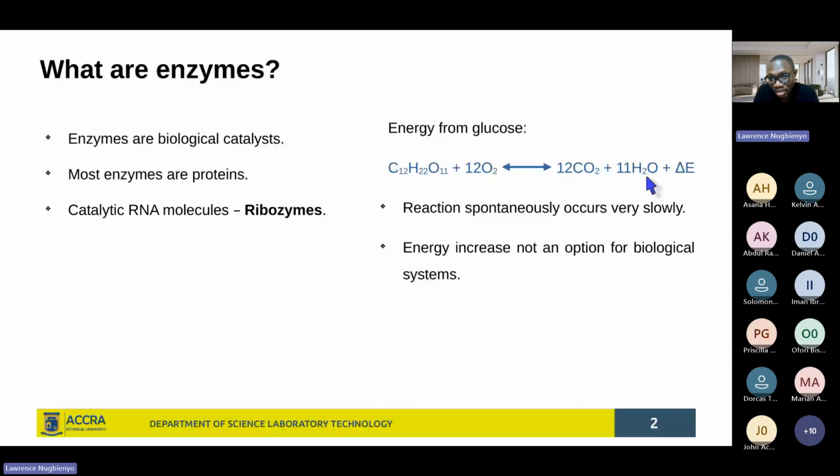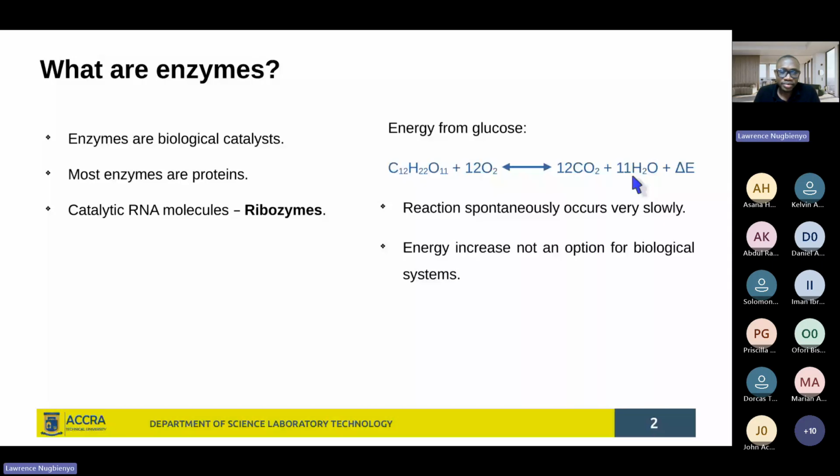If you taste it, it's still the sugar. It's not like it has turned into water. And yet we are saying that sugar breaks down into carbon dioxide and water when you take it into your system. How does that occur?